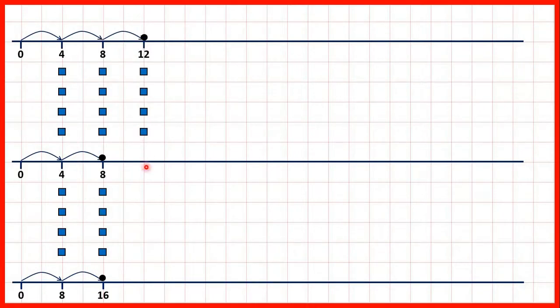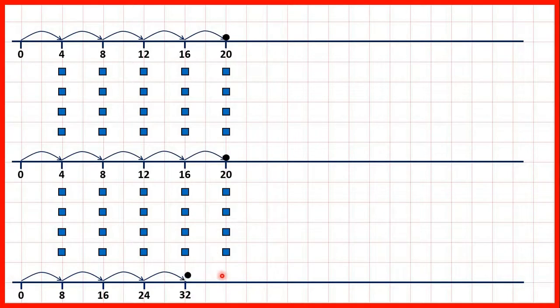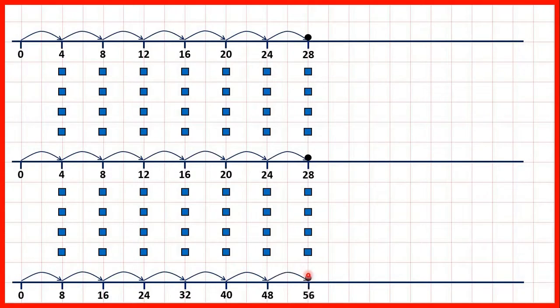3 times 4 is 12, but if we show that twice, we have 24 counters altogether, and that's why 3 times 8 is 24. 4 times 4 is 16, and if we double 16, we get 32. 5 times 4 is 20, and double 20 is 40, so that's why 5 times 8 is 40. 6 times 4 is 24, and 6 times 8 is 48. 7 times 4 is 28, and 7 times 8 is 56.